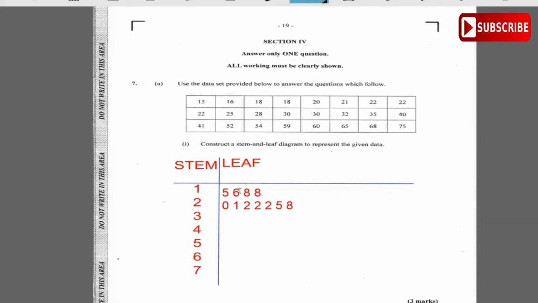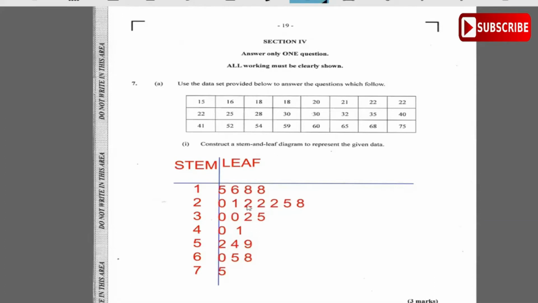With threes, we have 30, 30, 32, 35. With four, we have 40, 41. With 50, we have 52, 54, 59. Then we have 60, 65, 68, and we have 75.